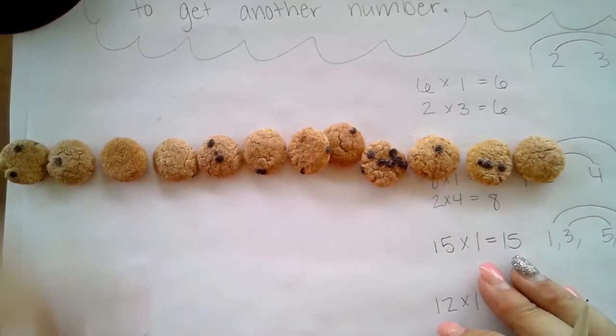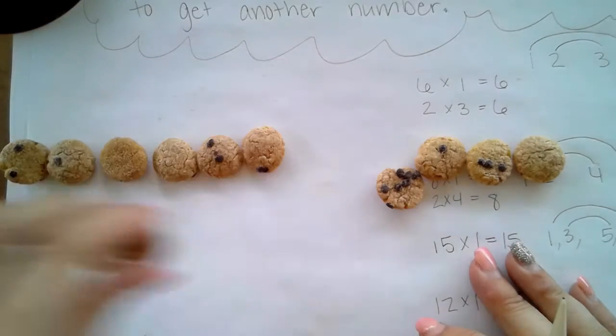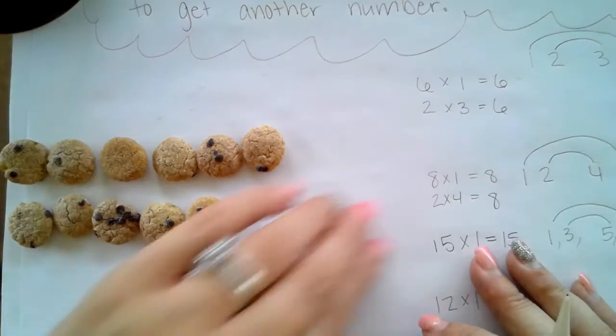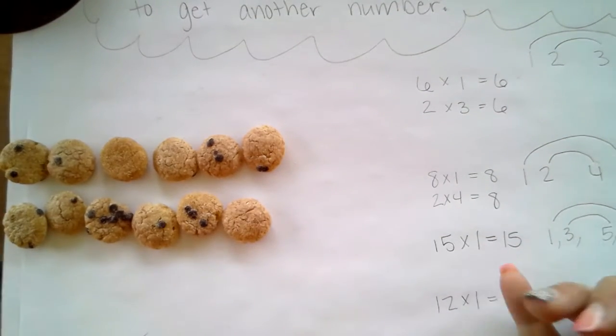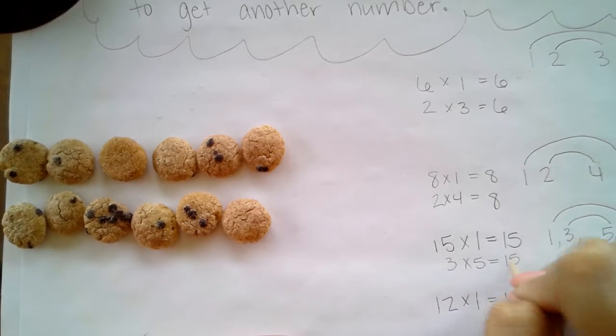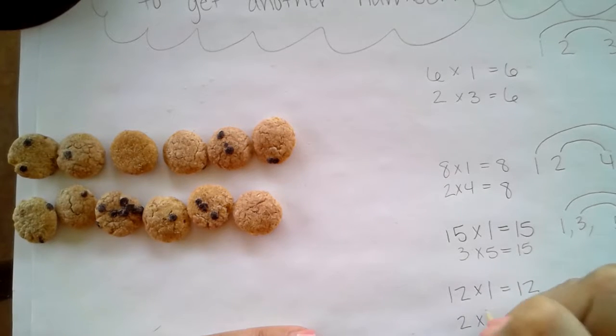It's another way. I can make sure that I have 12 with none left over. What times what is 12? Oh, I forgot to put the 3 times 5 here. Yes, I could do 2 times 6 equals 12.